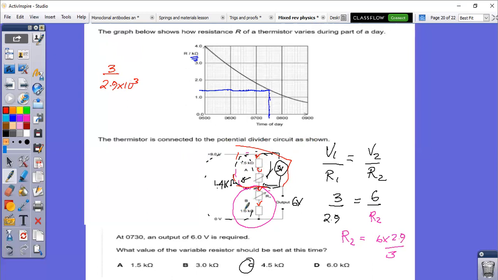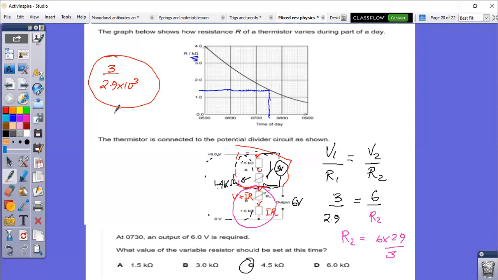So if I know what the current is now, I know that I times R, which is V, across this resistor, added to the potential difference across this resistor, which is also given by I times R. So I take this value of my current, I multiply it by the value of my resistance here, and I know that the total must equal 6 volts.